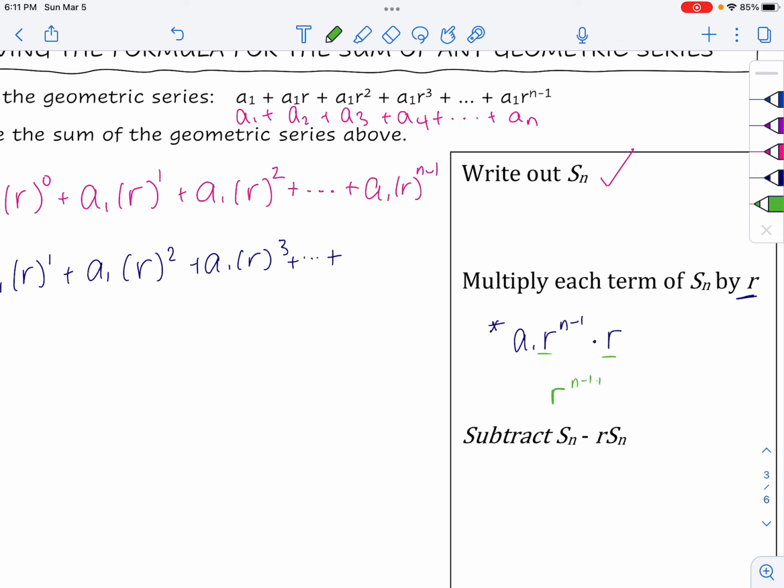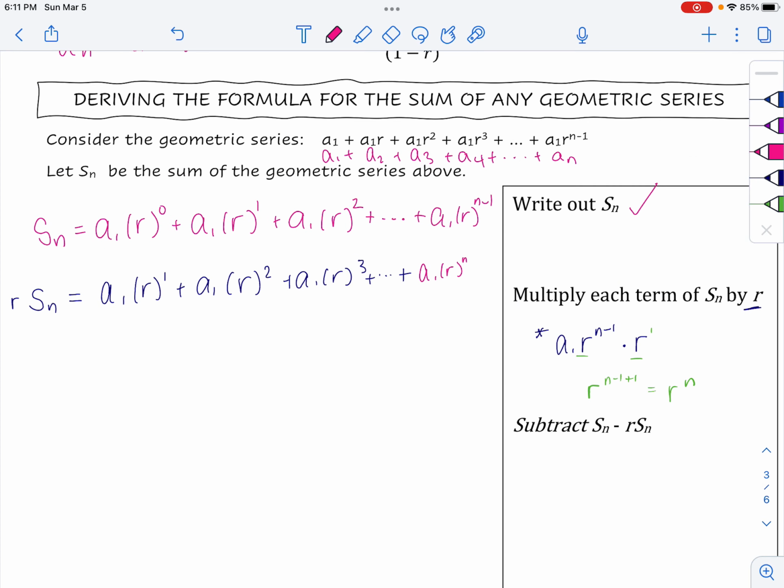So n minus 1 plus 1. Well, what does n minus 1 plus 1 equal? Well, those ones cancel and it's just n. So what we get here is a1 times r to the nth power. Oops, that was the wrong color. That will bother me. All right.